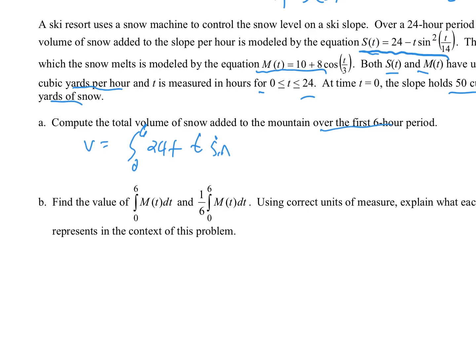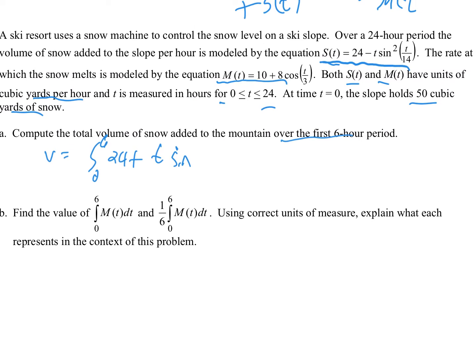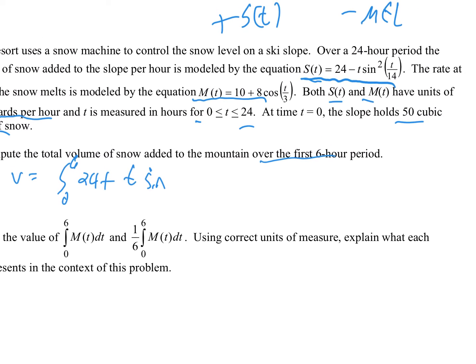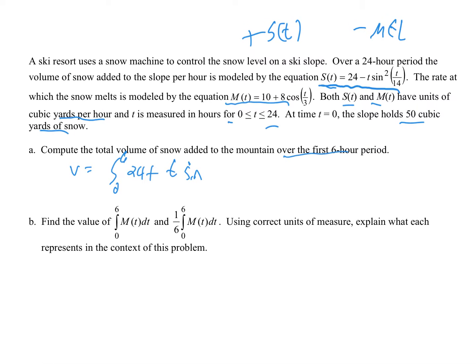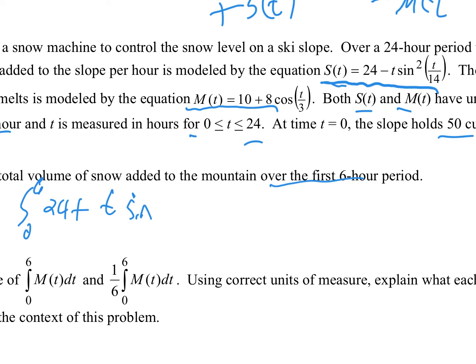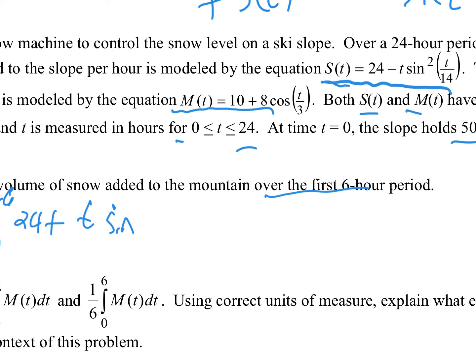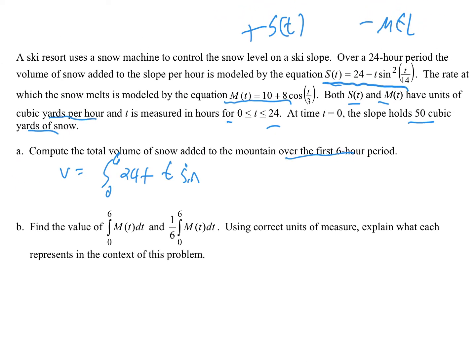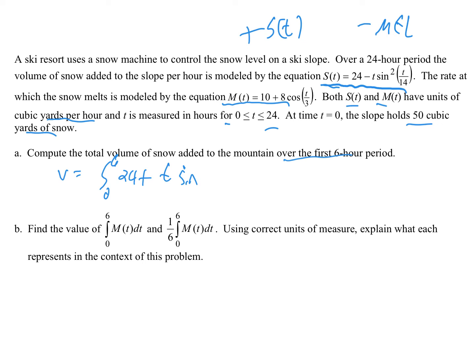Yeah, that'd be a harder function to work on. I think something's missing there. I think they missed the variable of another t. I'm going to have faith that there's supposed to be another t here. Oh no, the t's inside, t over 14, and that trig function is being squared.